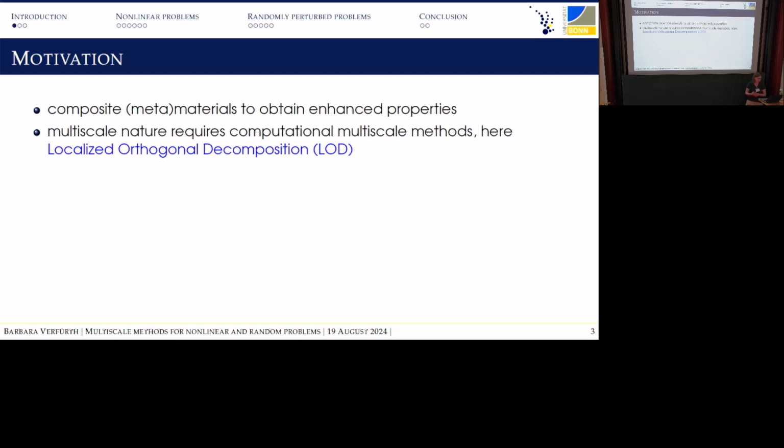But first of all, I would like to highlight what the challenges for the LOD, but I believe also for many other multiscale methods, are when we look at what I mentioned, nonlinear and randomly perturbed problems. I believe that some of the challenges and maybe some of the ideas I will present today are even more general than looking at one specific multiscale method, which I, of course, will then later do for my analysis and my numerical experiments.